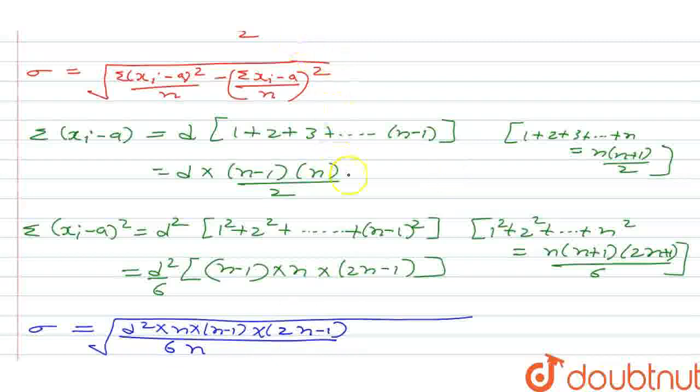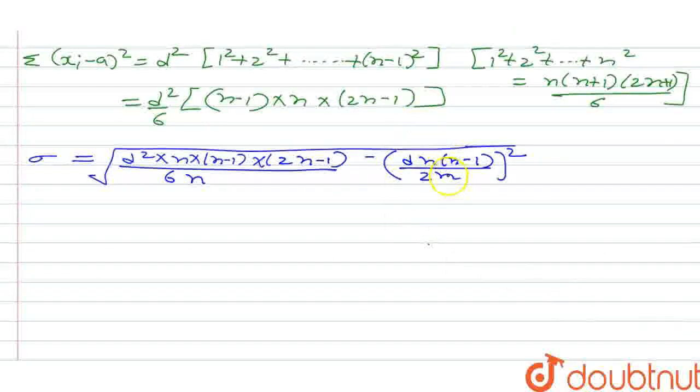According to the formula, n is there, minus square of sigma xi minus a. Square of this will be, we can write directly, d into n minus 1 upon 2, and n is there, whole square. Now from here we can clearly see that n is going to be cancelled out, and here n is also going to be cancelled out.